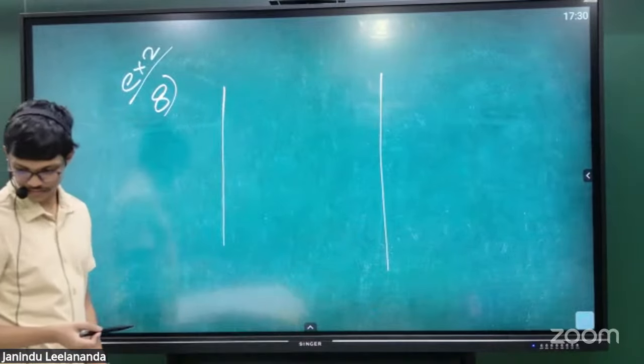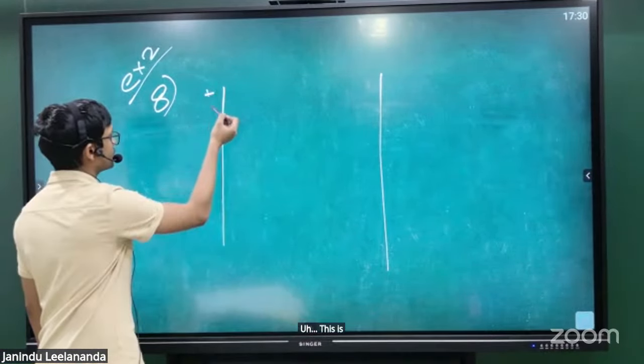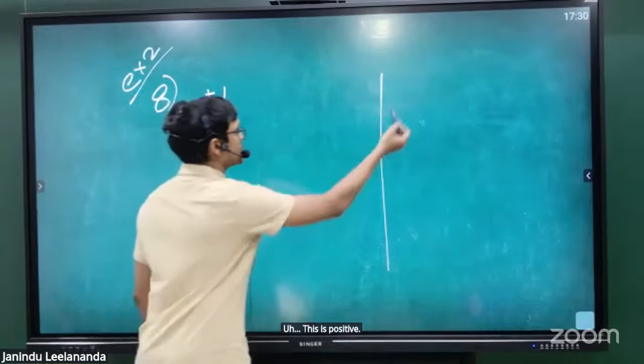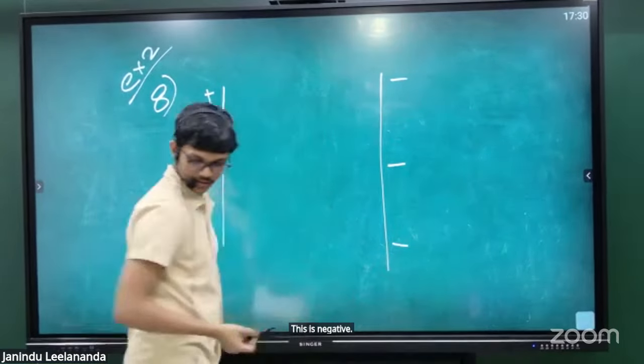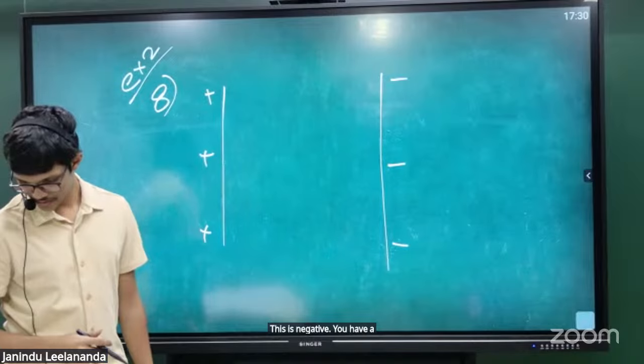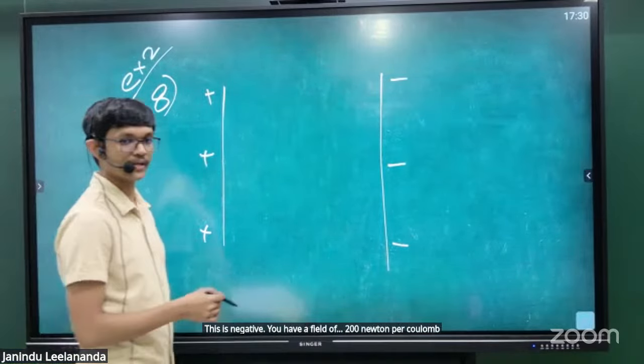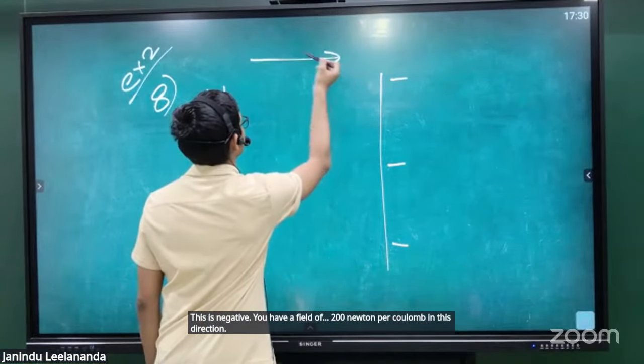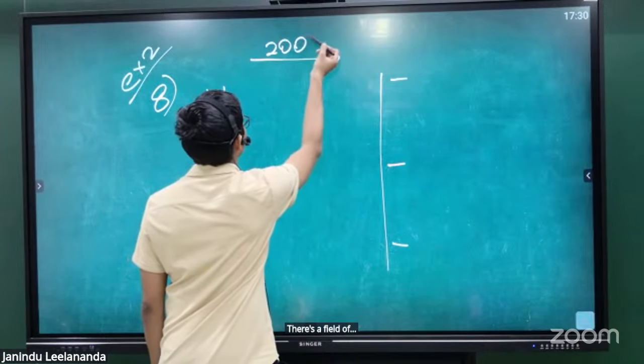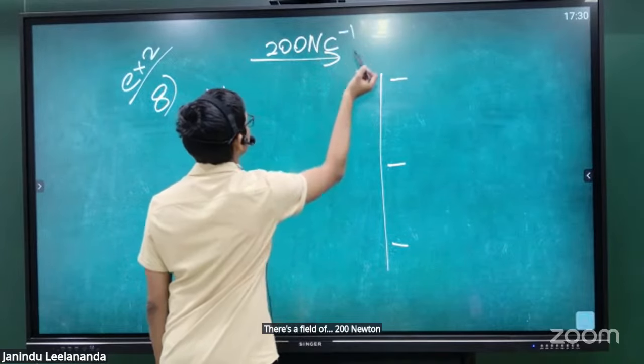This is positive. This is negative. You have a field of 200 Newton per Coulomb in this direction.